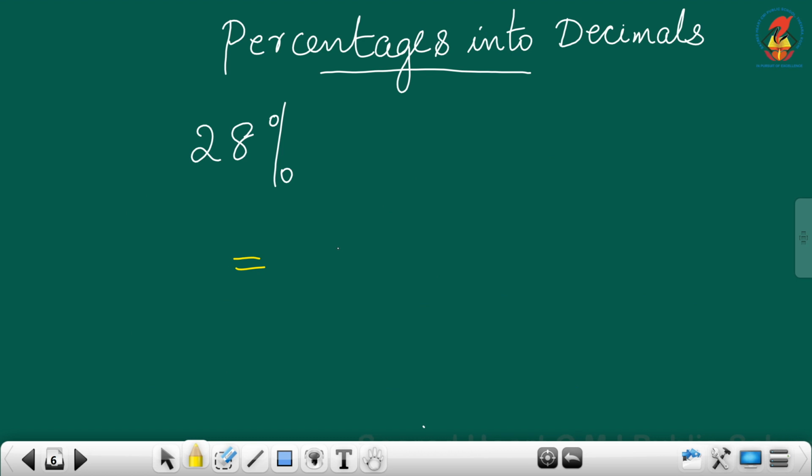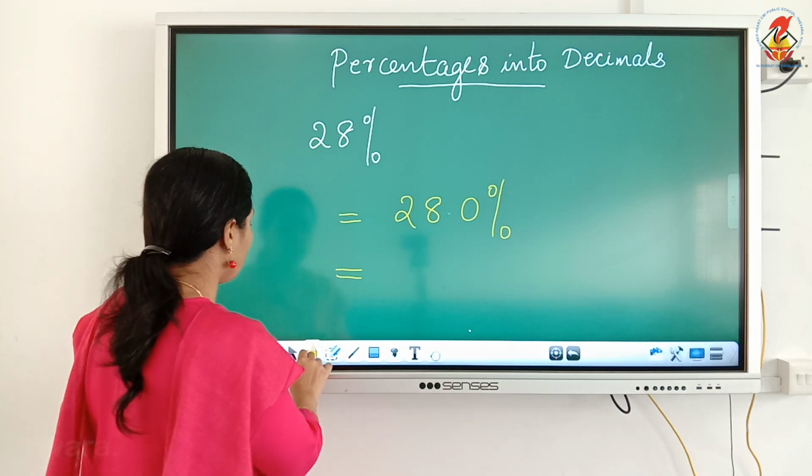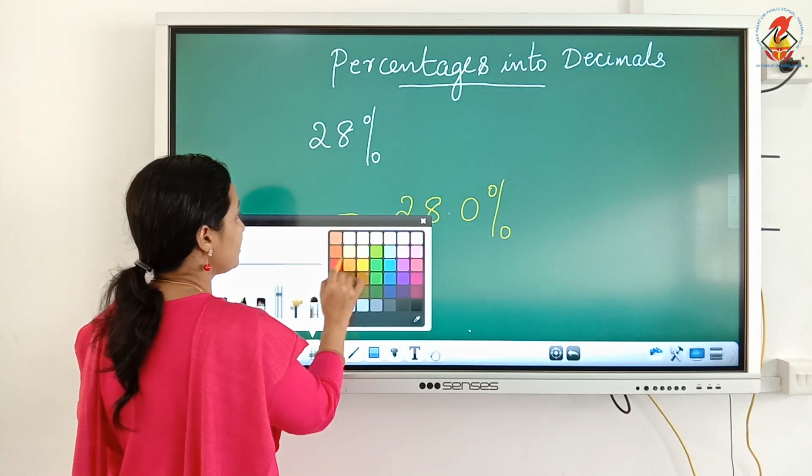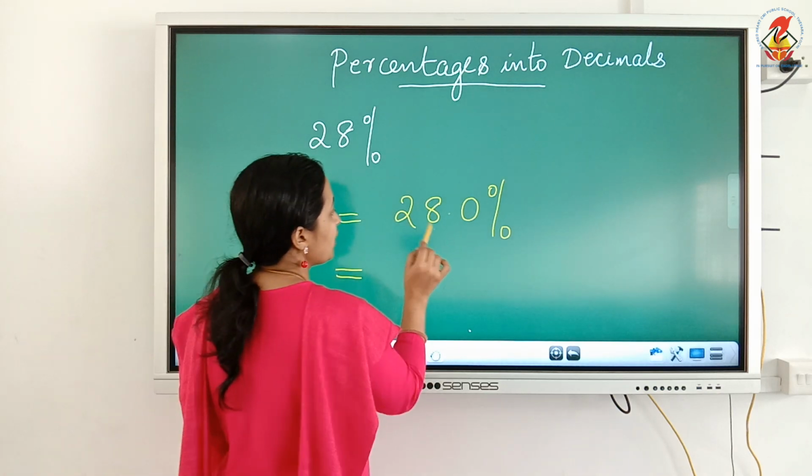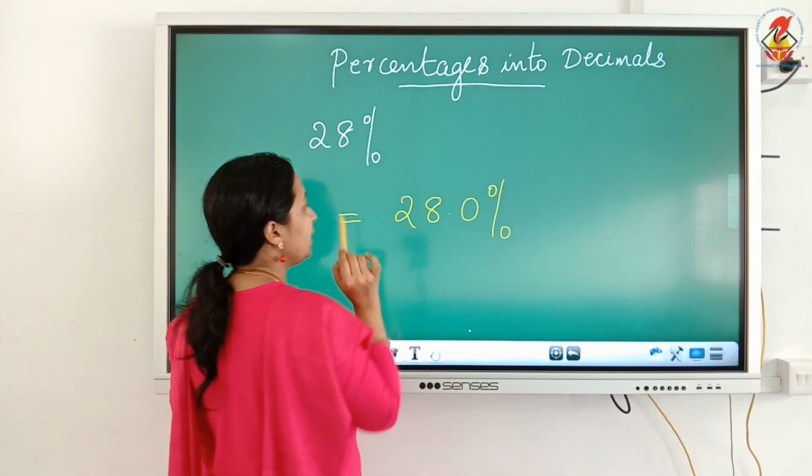We drop the percent sign, that means 28% is the same as 28.0%. Move the decimal point, here the decimal point is here, 2 places to the left side, first place, second place, then only the point will come.